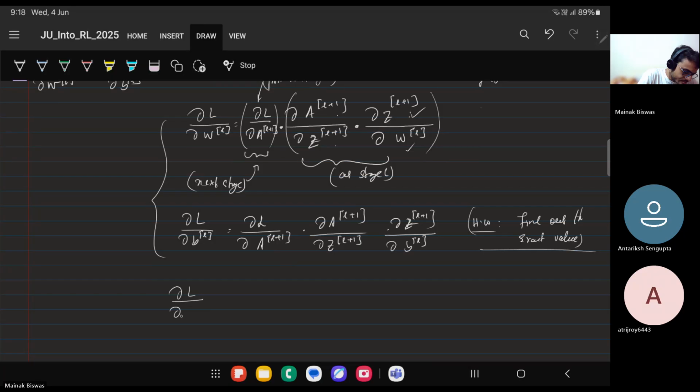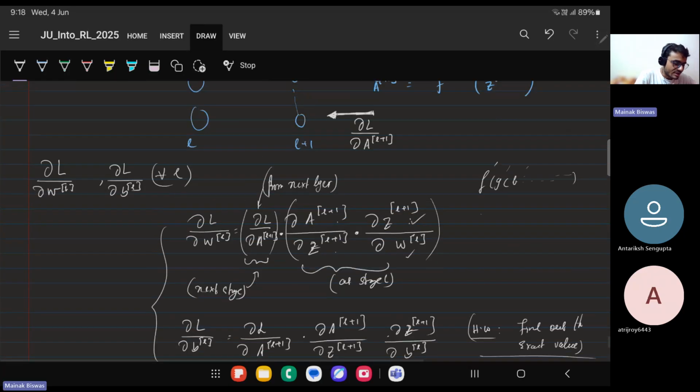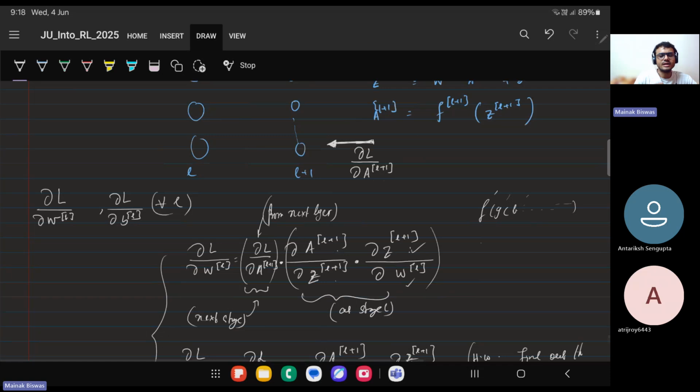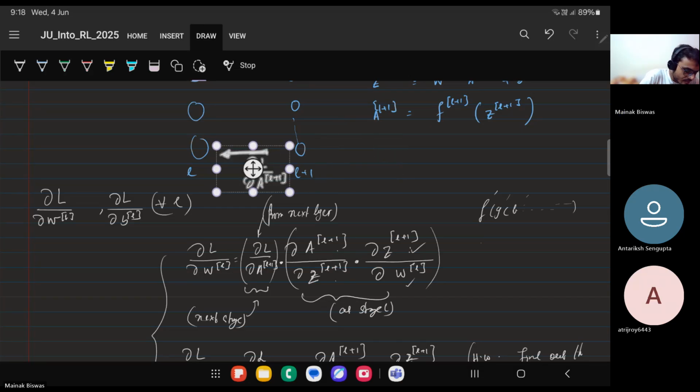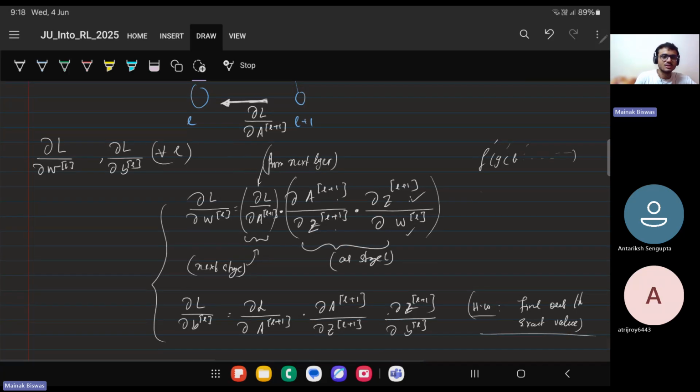Similarly, what is the responsibility of this current layer? Can you tell me? I have used something from the future layers, and I have some responsibility to my predecessors as well.